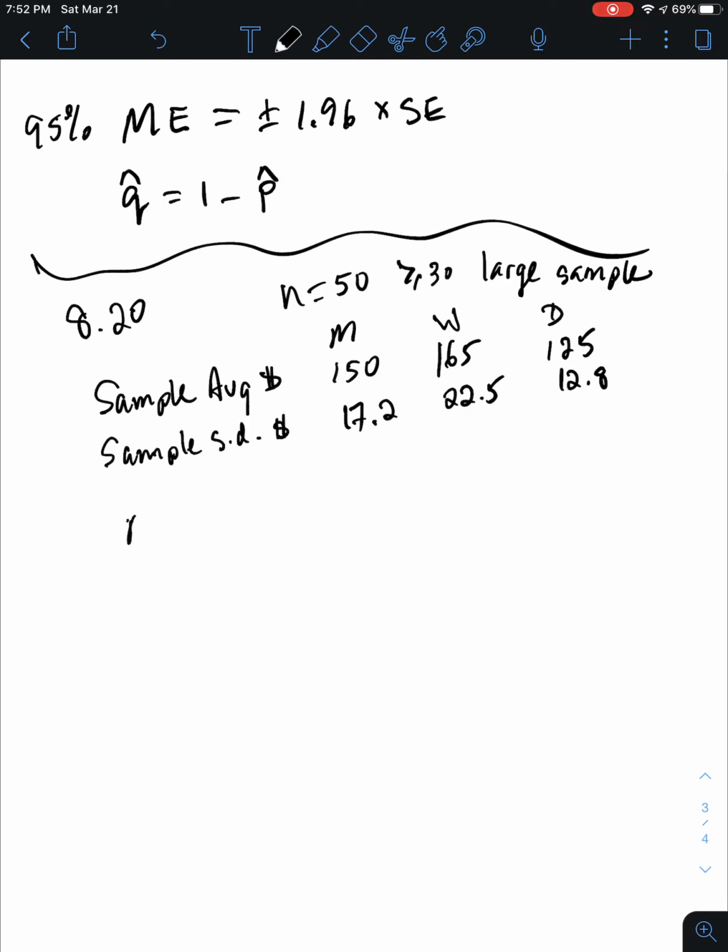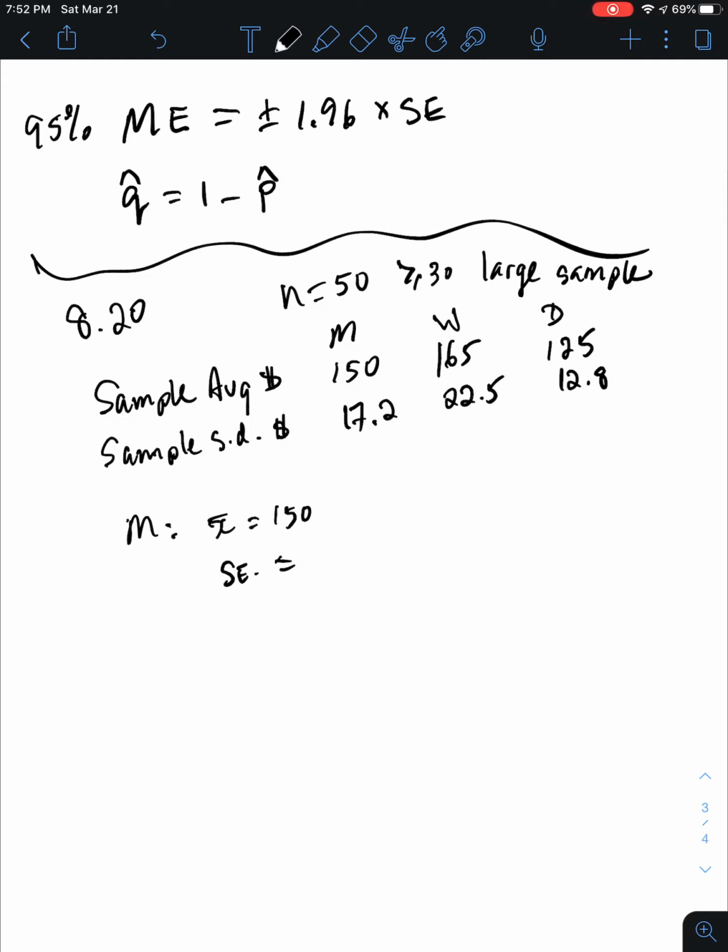The Marriott, the point estimate is 150. The standard error is approximately S over the square root of n, and that is 17.2 divided by the square root of 50.